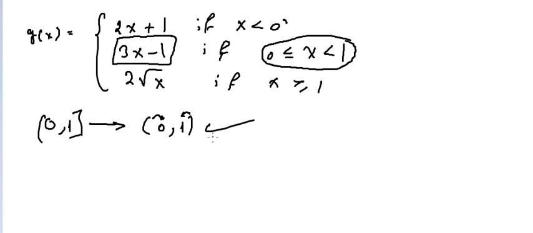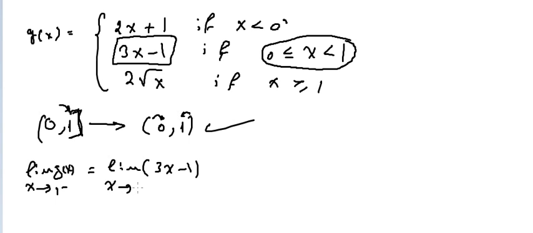We need to study now if it is continuous at 1 minus. Closed at 1 means we have to check the continuity at 1 minus, right? So the limit of g of x as x approaches 1 minus: 1 minus means less than 1, so it's also in 3x minus 1.